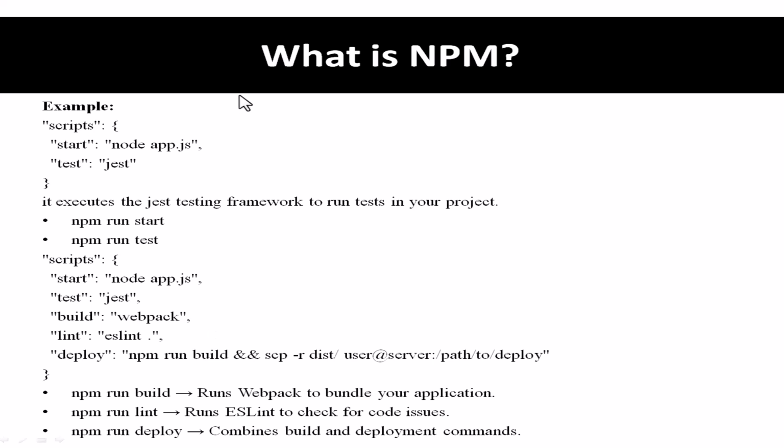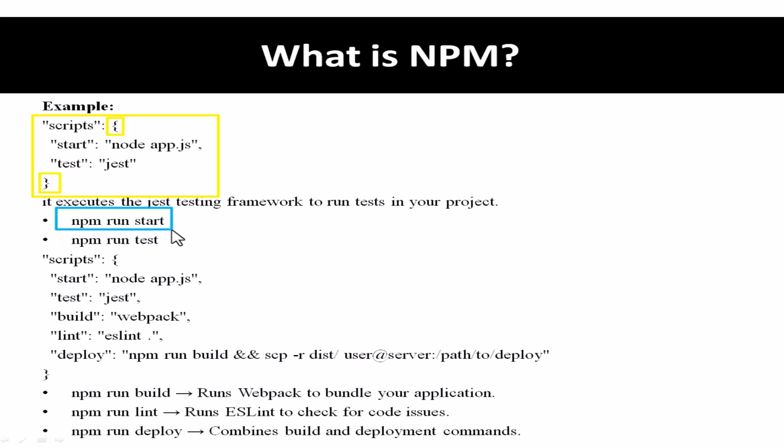Here we have a first script example. What we are going to do is test the project, and how are we going to test it? First, the Node.js program is going to start with the scripts block, which starts with a curly brace and ends with a curly brace.